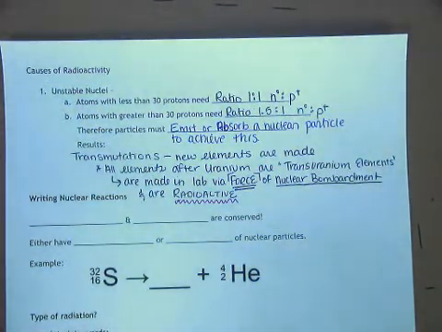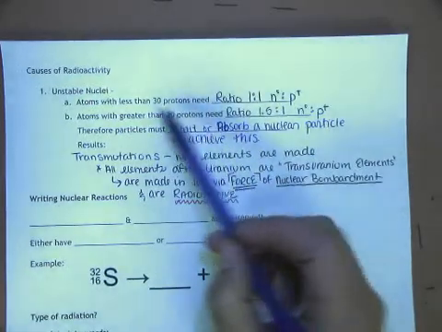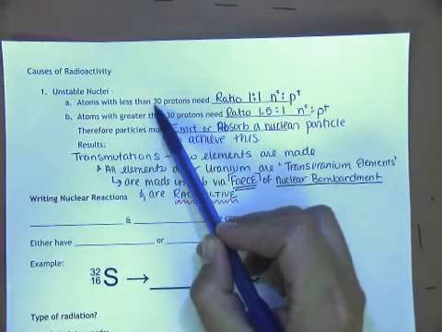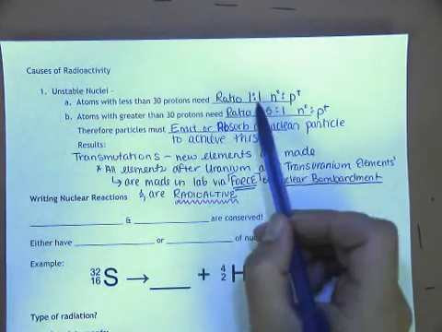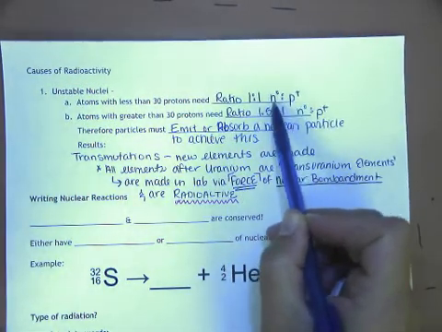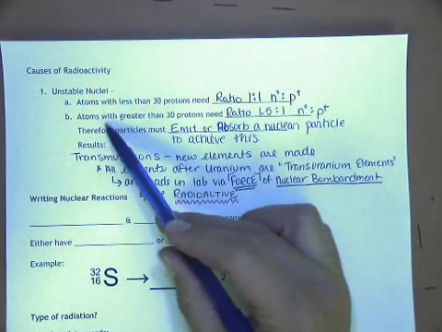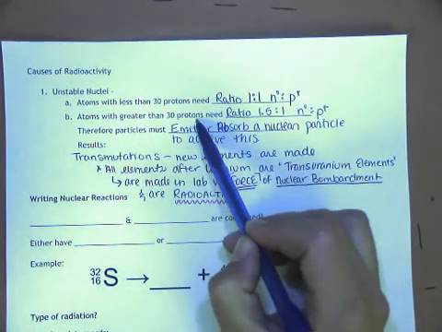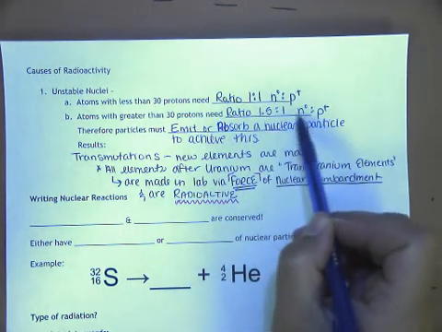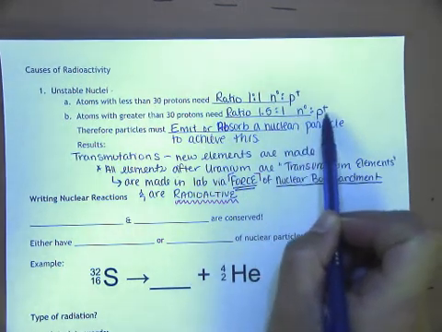So radioactivity occurs because of an unstable nuclei. Atoms that have less than 30 protons, so things less than zinc on the periodic table, need a ratio in their nucleus of 1 neutron to 1 proton. Anything with an atom that's greater than 30 protons or greater than zinc on the periodic table with atomic numbers, they need a ratio of 1.5 neutrons to protons.